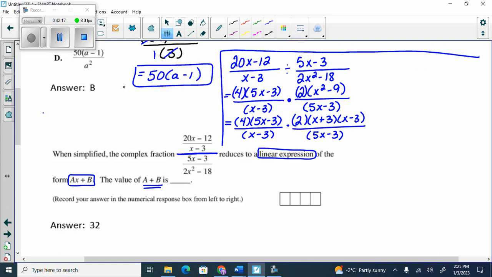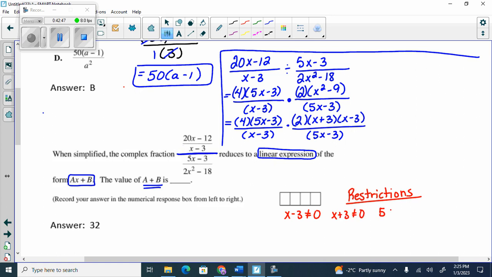My non-permissible values are going to come from, I'll just do them over here. I know we don't have to have them, but I'm proving the point, because everyone should get the NPV question, if there is one. So we have x minus 3 can't equal 0. The 2 can't equal 0 in the numerator, remember, because this was a division. x plus 3 can't equal 0. x minus 3 already stated.